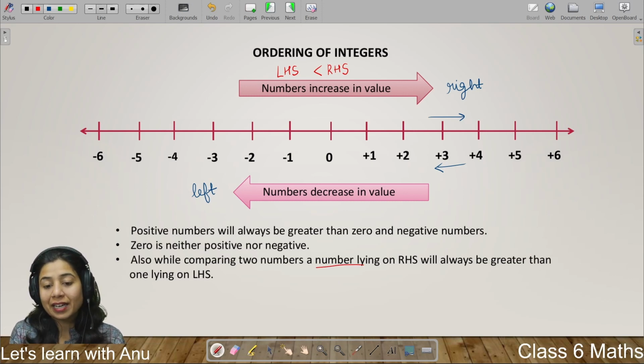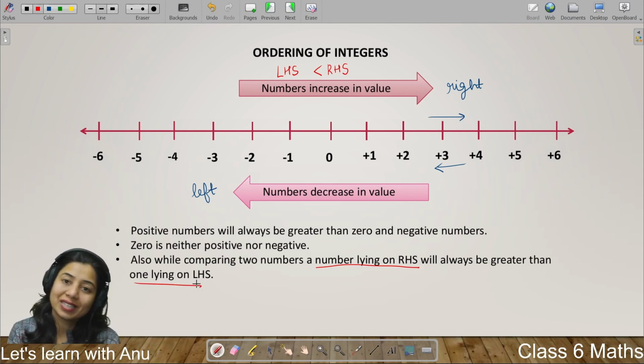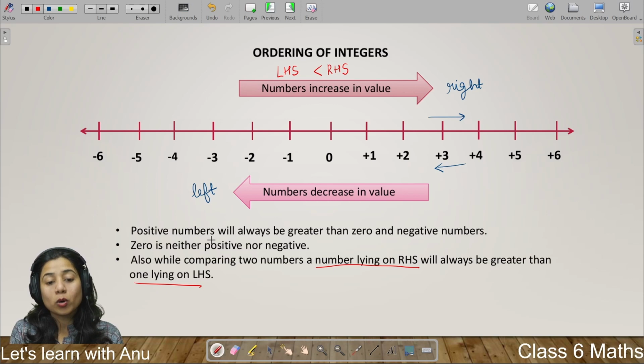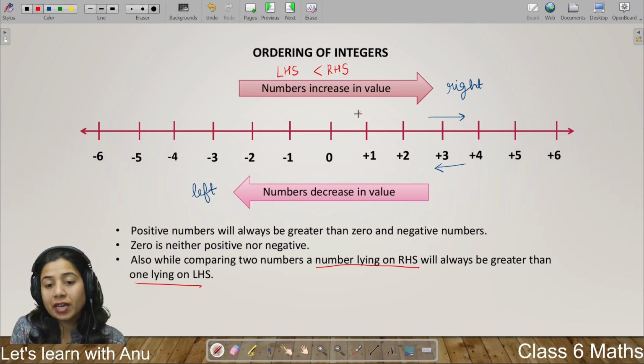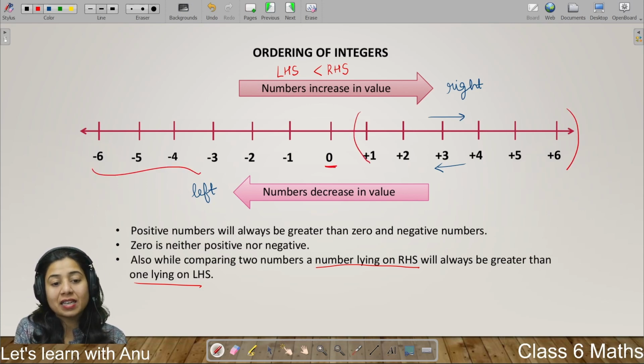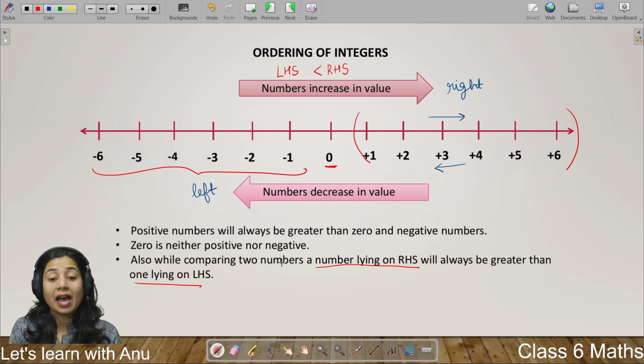So a number lying on the right hand side is always greater than the one lying on the left hand side. See how positive numbers are lying on the right hand side of 0, so they are greater than 0 as well as negative integers. And also, class, 0 lies in the middle of the number line, so it's neither positive nor negative.